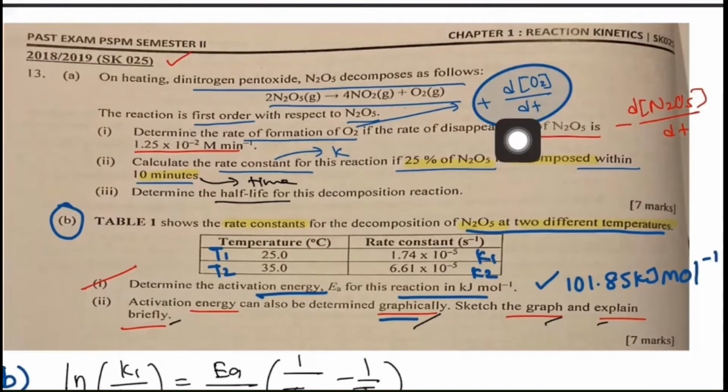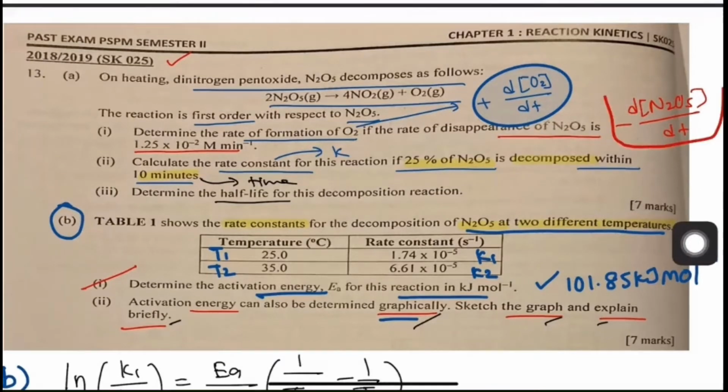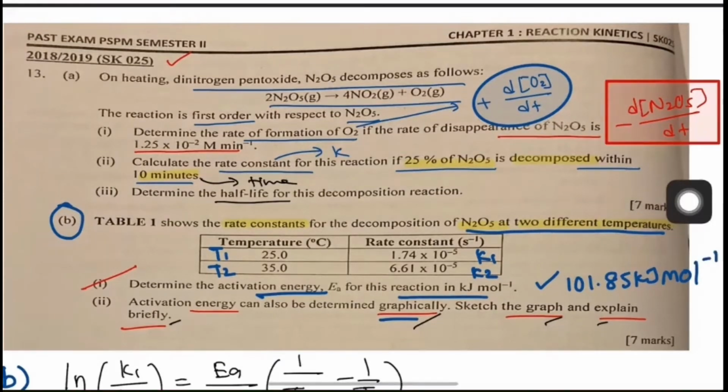This would be the rate of formation of oxygen, if the rate of disappearance of N2O5 is given to be 1.25 times 10 to the power of negative 2 molar per minute.